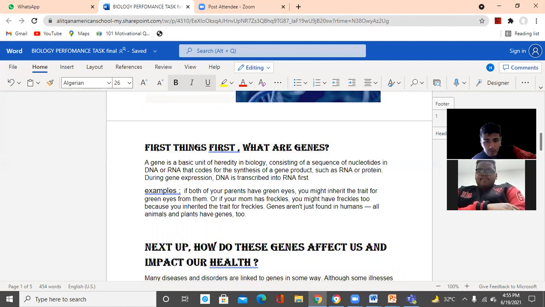Examples: if both parents have green eyes, you might inherit the trait for green eyes from them, or if your mom has freckles, you might have freckles too, because you inherited the trait of freckles. Genes aren't just found in humans; all animals and plants have genes too.